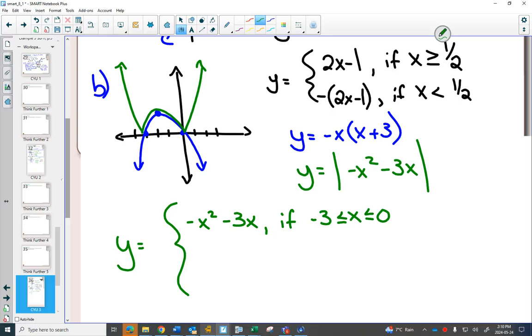That's where it didn't change. Where did it change? And when you flip it up, it's like multiplying by a negative, if x was less than -3 or if x was bigger than 0.